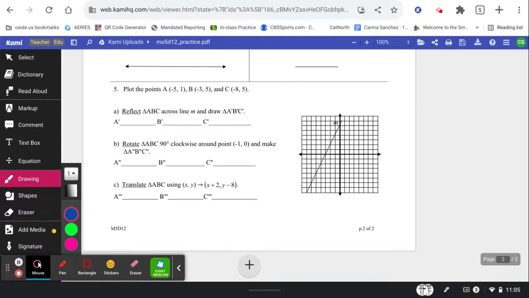So you can still finish those with a compass on Monday in class if you need it. Okay, finally, plot these points, and then we're going to reflect, rotate, and translate that triangle. So negative 5, 1. Negative 3, 5. And negative 8, 5.